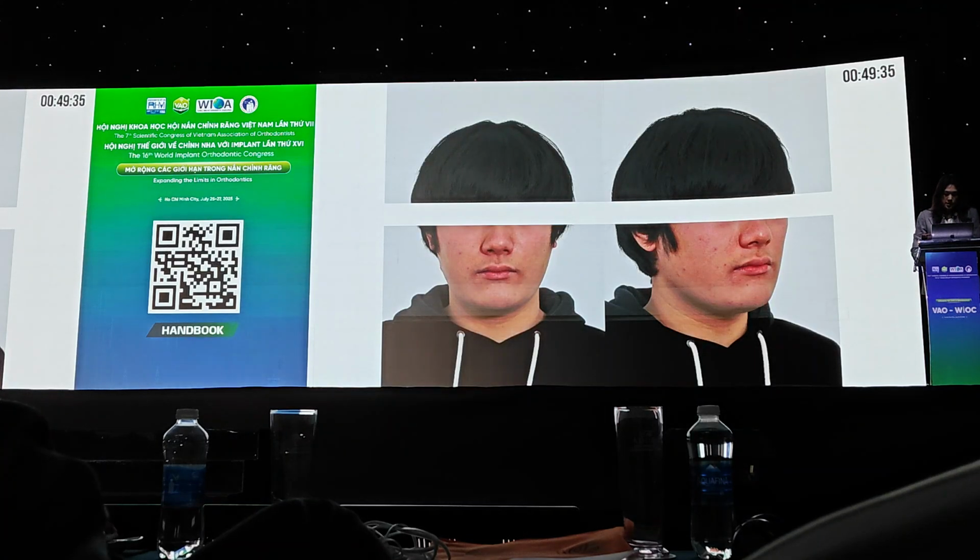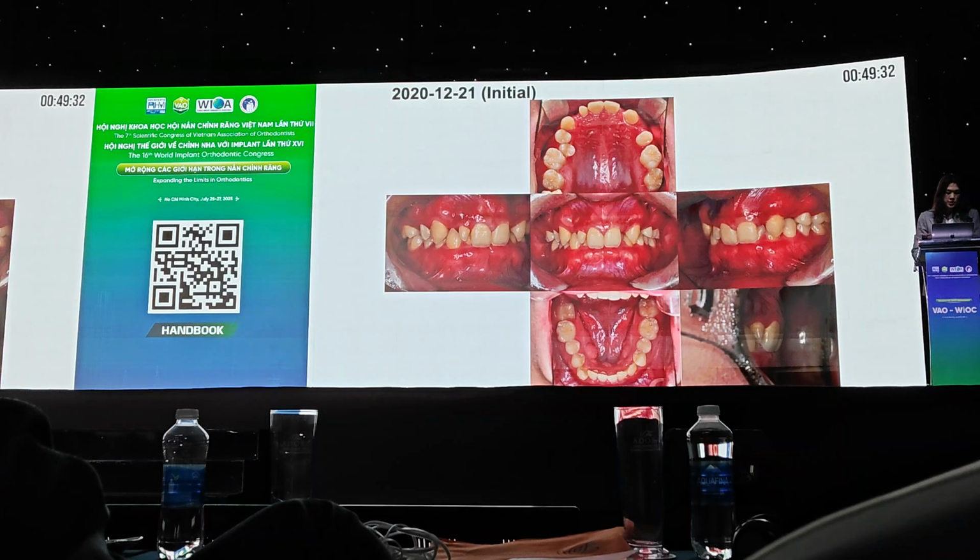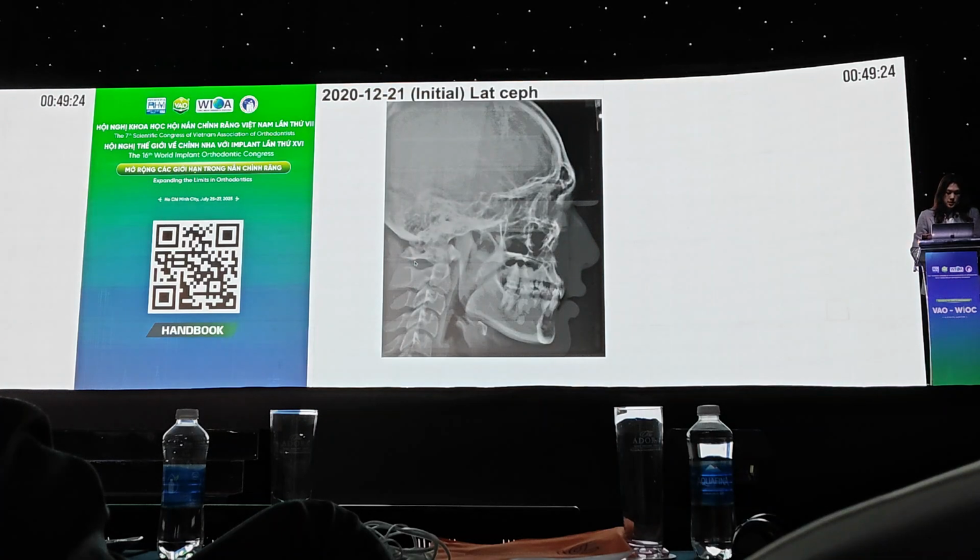Another deep bite case. Severe deep bite, missing teeth, crowding, transverse problem here. And you can see his incisors are very upright, and this is one of the reasons for the deep bite. And as we normalize the incisor inclination, the deep bite will correct, right?